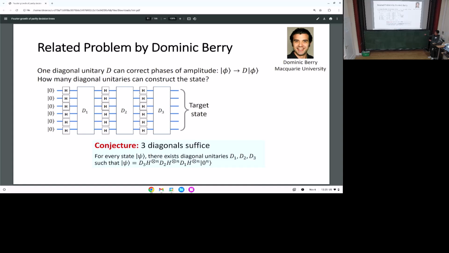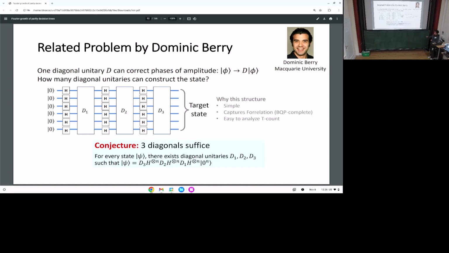And then we fix D3. And then we fix D1, D3, and optimize over the best D2. And then we fix D2, D3, and optimize over D1, and you iterate this. And his algorithm finds that for random inputs, it always converges to the target psi. So this is his algorithm.